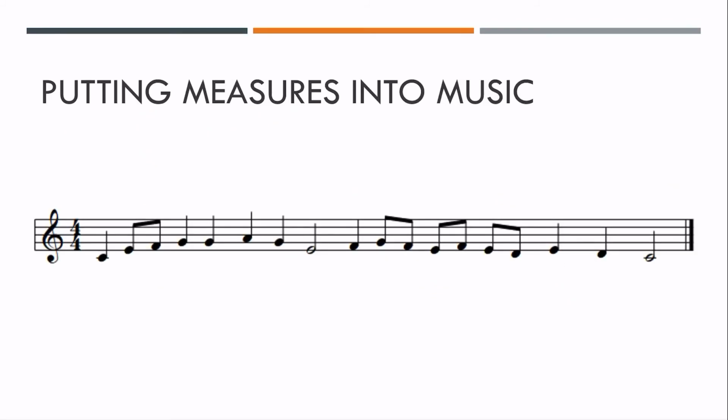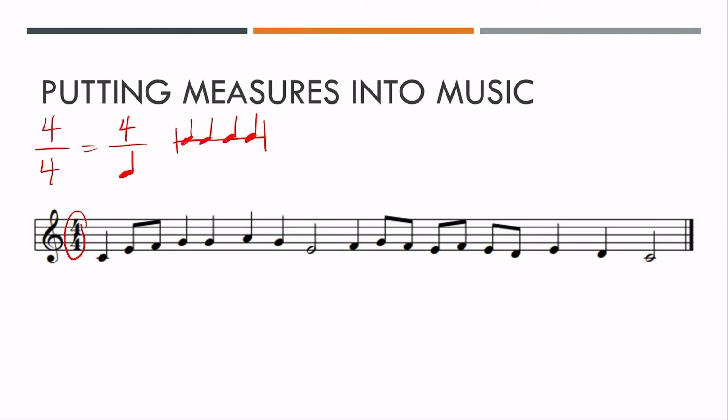Last example. This one's going to be a little bit trickier because we're dealing with more notes here. Okay, so if you look, we have 4/4. I'm not going to go back to the chart because this is our third time doing this. We know that a 4 on the bottom means we're dealing with quarter notes. So we move that over, 4 quarter notes per measure. So our example is going to look like this: 1, 2, 3, 4.